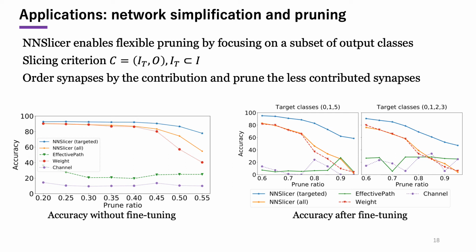Specifically, NNSlicer computes the synapse contribution to the target classes and prunes the synapses of few contributions. As shown in the figure, NNSlicer can preserve higher accuracy with fine-tuning and without fine-tuning.